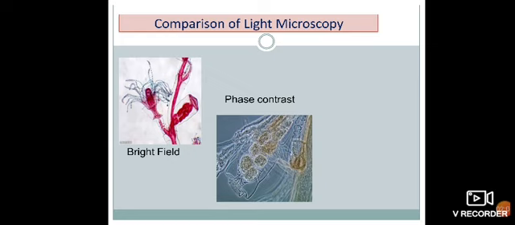Already we discussed that in phase contrast the background is quite different, and the specimen shows different yellow structures, quite transparent. So by changing the light, by making the contrast medium, we can observe that specimen.